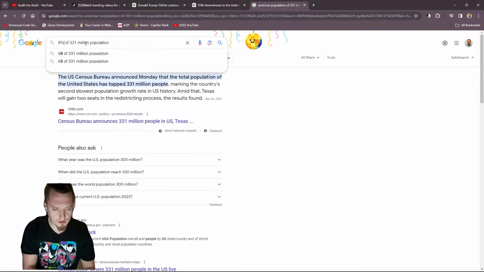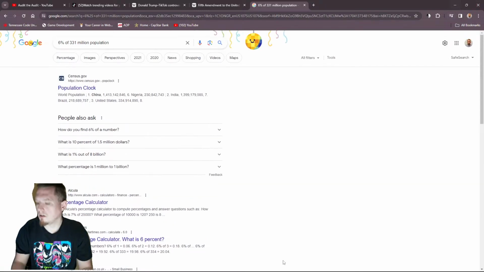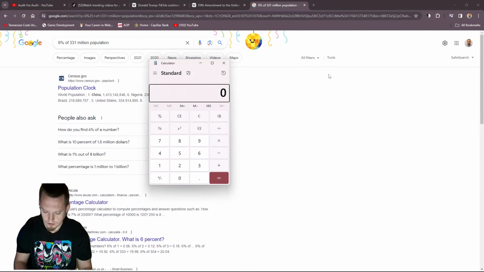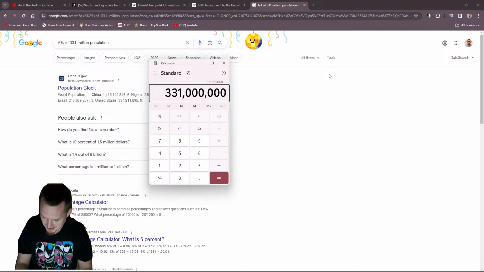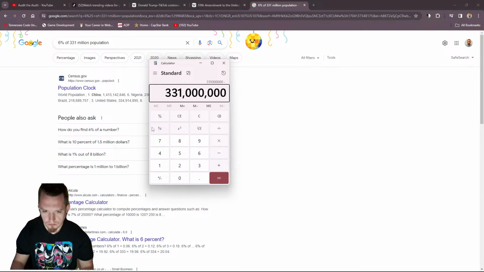Fucking hell. Jesus! Oh my god. Where is it at? Calculator. 331 million. Divide by 90. Or, no, fuck. I'm terrible at math. Minus 94%. Well, that didn't go the way that I wanted it to. There we go, 19 million.